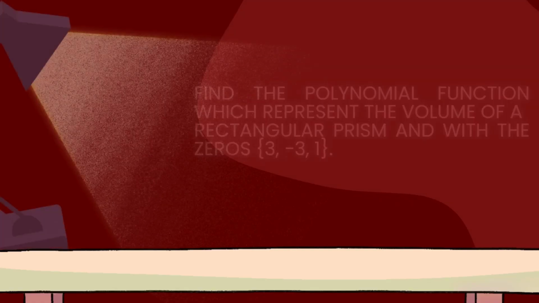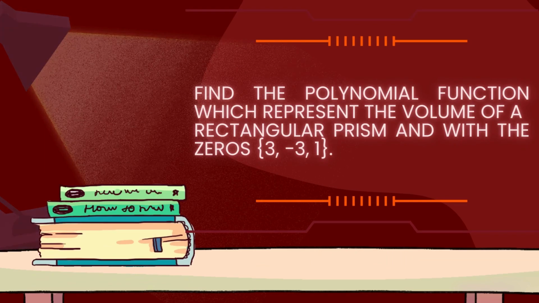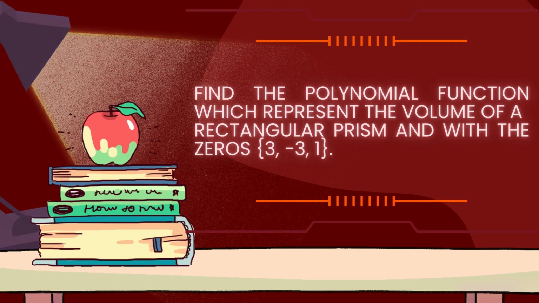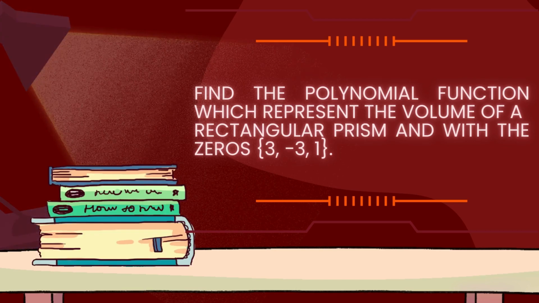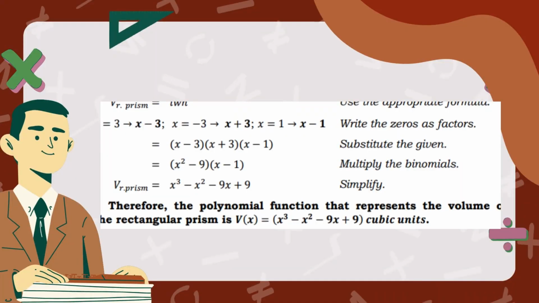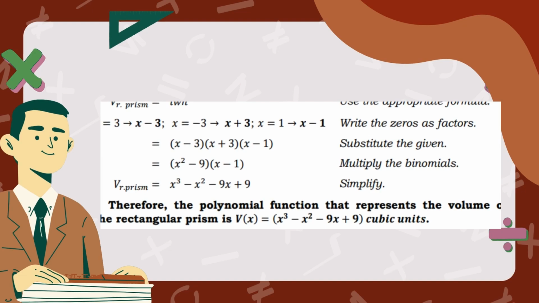Find the polynomial function which represents the volume of a rectangular prism and with its zeros 3, -3, 1. To find the function representing the volume of the prism, we use the formula V of the rectangular prism equals LWH.